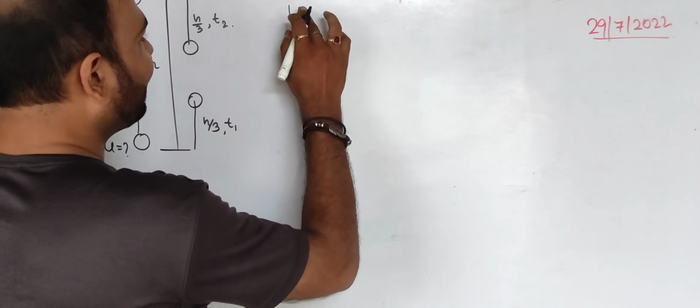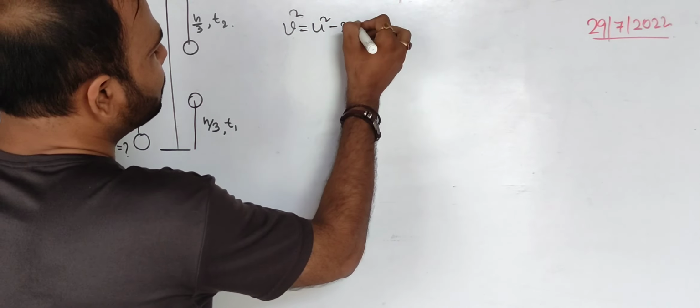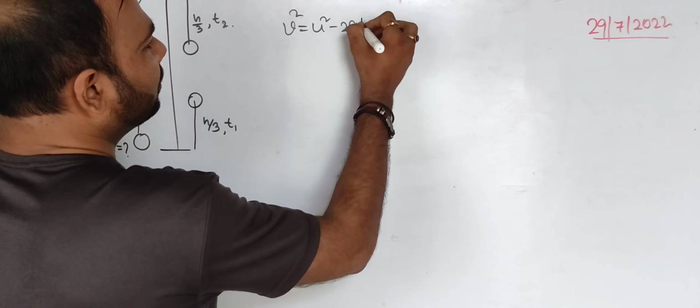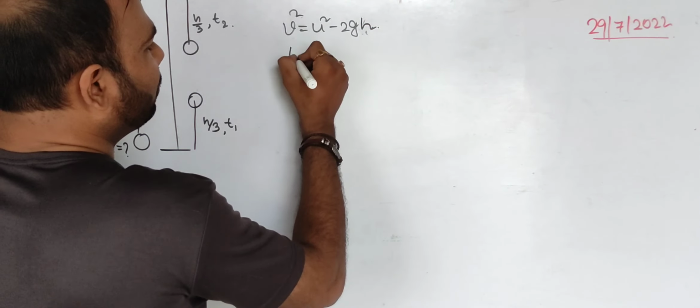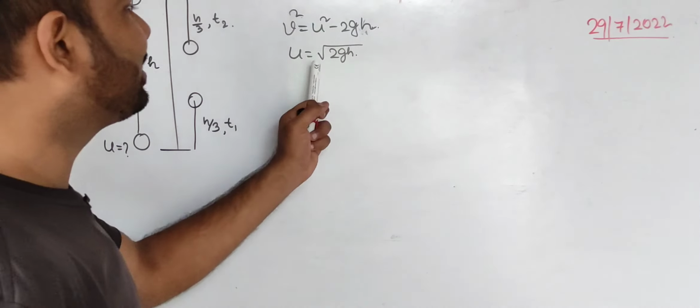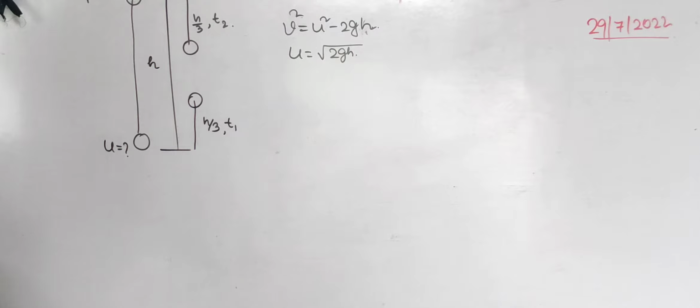Using this relation, v square equal to u square minus 2gh, with v equal to 0, so u equal to root over 2gh. You can memorize this expression of u equal to root over 2gh.